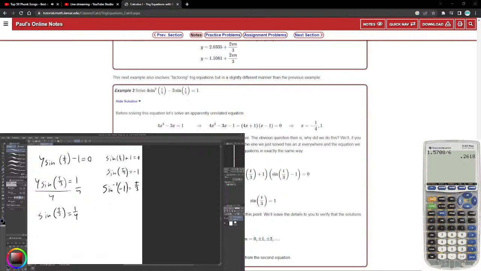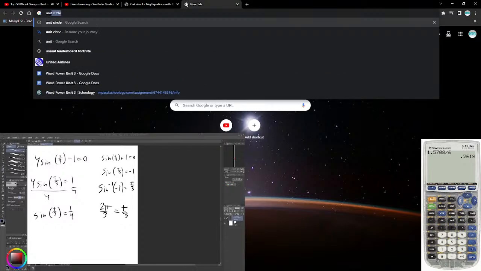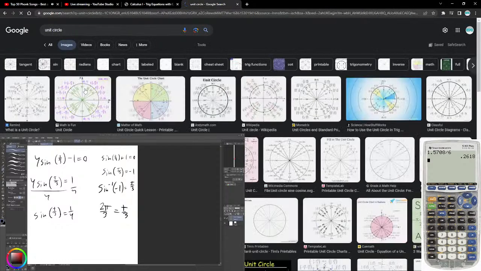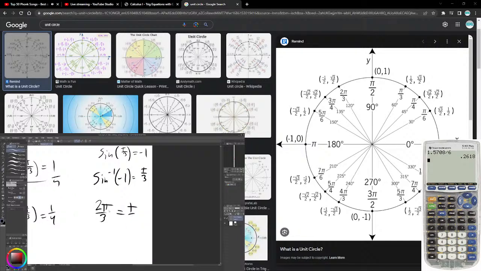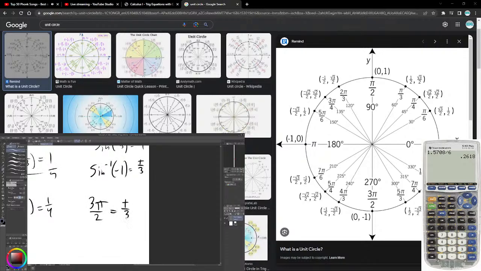It would be 2 pi over 3 equals t over 3, I'm pretty sure. Let me pull out the unit circle just to make sure. Yeah, it's -1 in one spot, 3 pi over 2. Oh, I said 2 pi over 3, whoops. 3 pi over 2 equals t over 3.